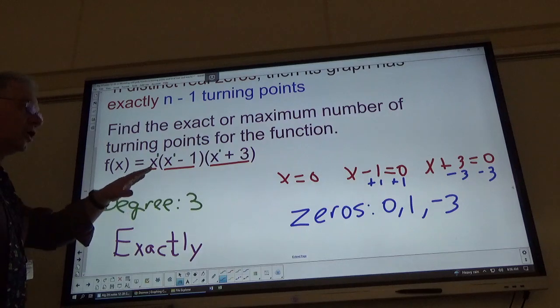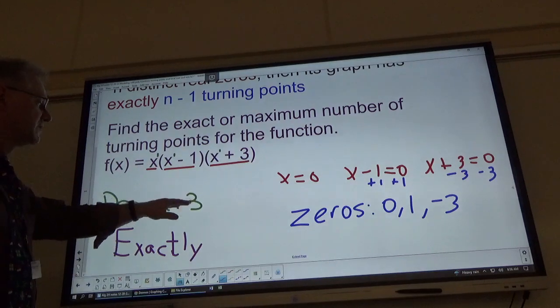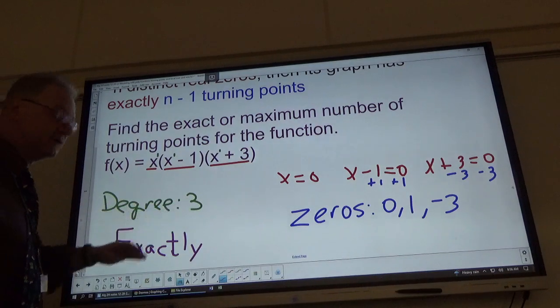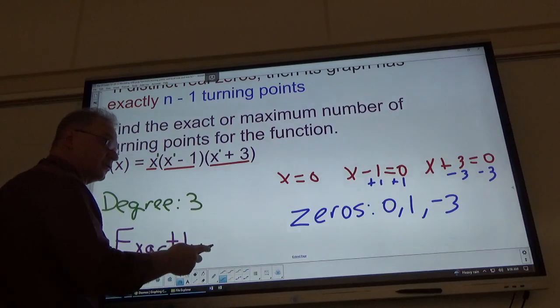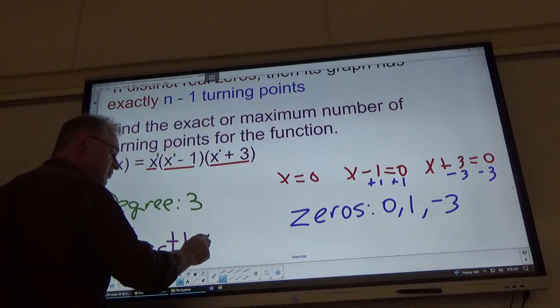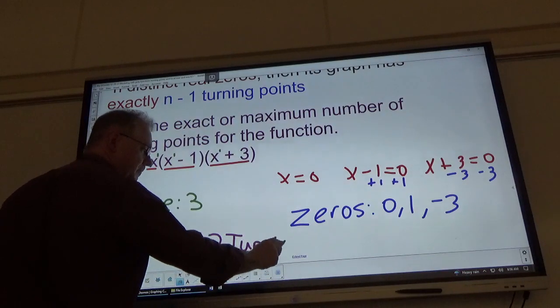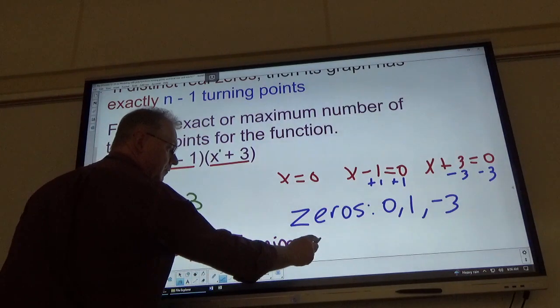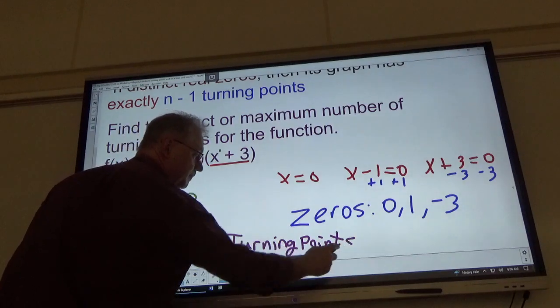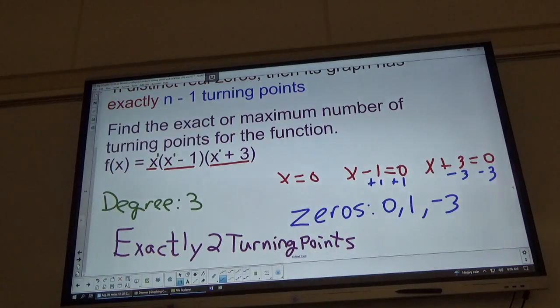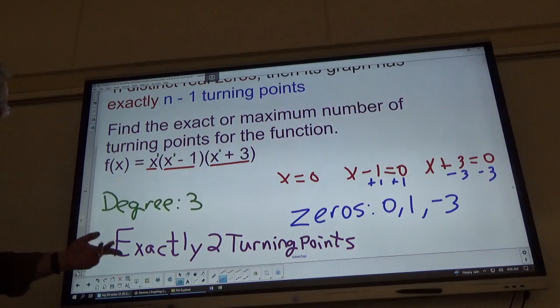The number of turning points is always 1 less than the degree, at most or exactly, so 2 turning points. So in this situation, there would be 2 turning points.